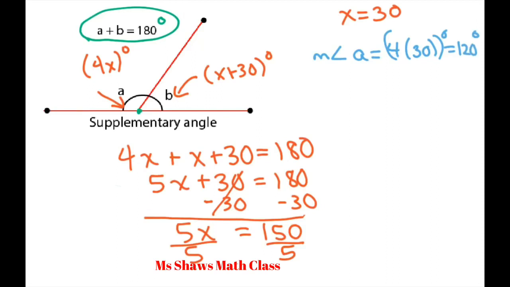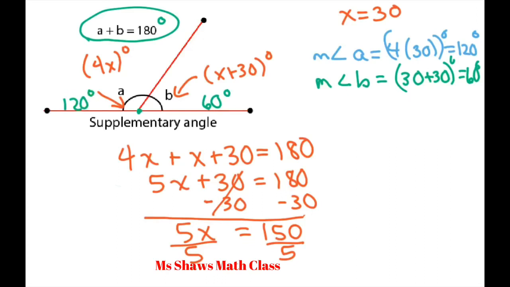The measure of angle B equals 30 plus 30 degrees, which equals 60 degrees. So this is 60, and this is 120, and clearly you can see they add up to 180.